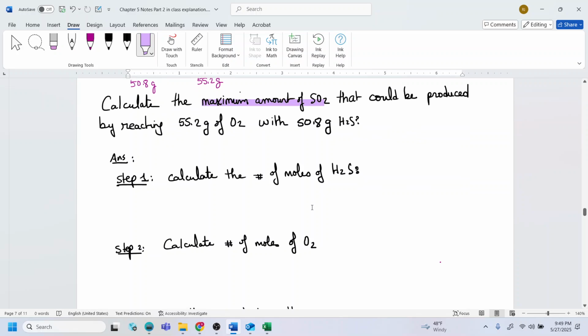So we're going to start by calculating the number of moles of H2S by knowing the mass and the molecular weight, of course. So this is 50.8 grams of H2S.